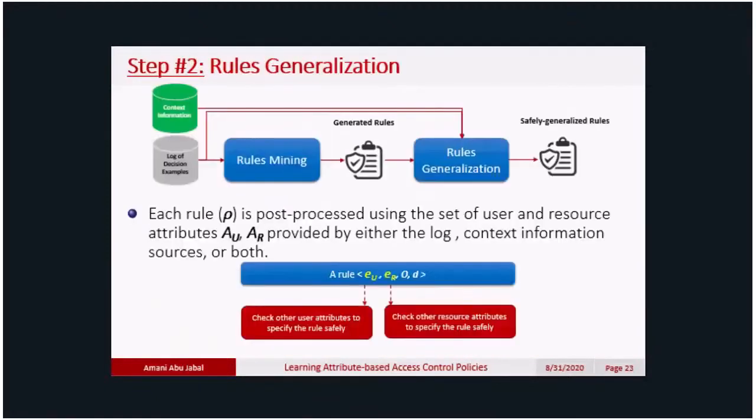Thus, we need to post-process those rules generated from the first step in the second step, which is rules generalization. So we take the generated rules from the first step and post-process them to generate rules that are generalized but also safe. Each rule is post-processed using the set of user and resource attributes provided by either the log, context information, or both.